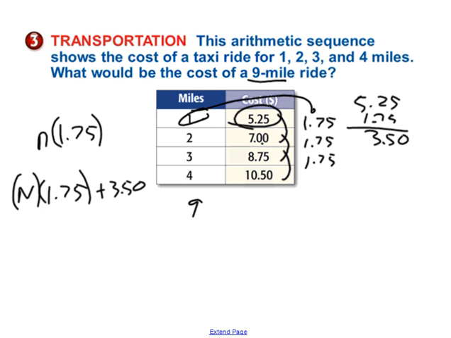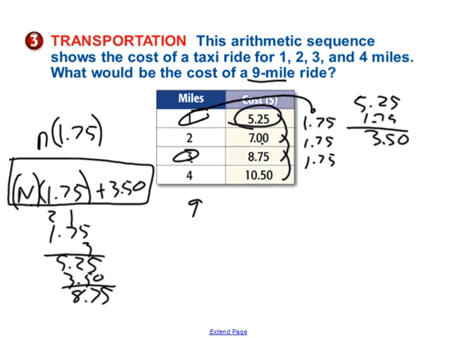So checking out, let's try 3. 3 times 1.75 would be 5 1/4, plus 3.50, that'd be 8.75. That does check for 3, so I'm pretty sure my equation's good. And I'm going to plug in 9 for n.